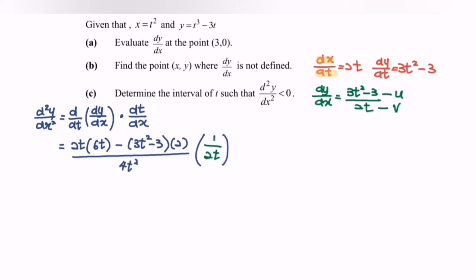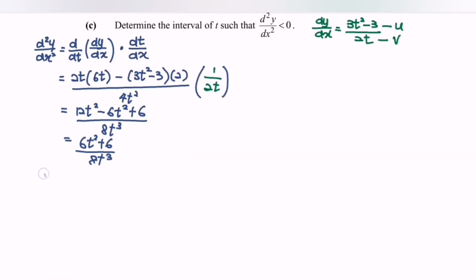Next, expand the numerator and simplify it. So we will have 12t squared minus 6t squared plus 6 over 8t cubed. Simplifying, we will have 6t squared plus 6 over 8t cubed.